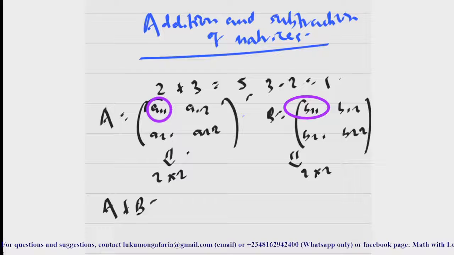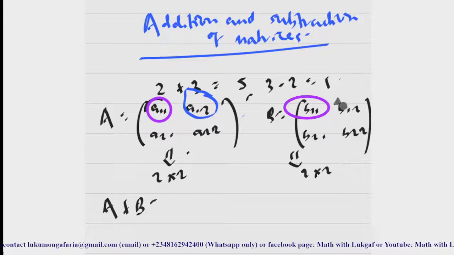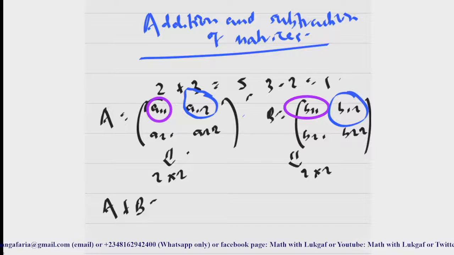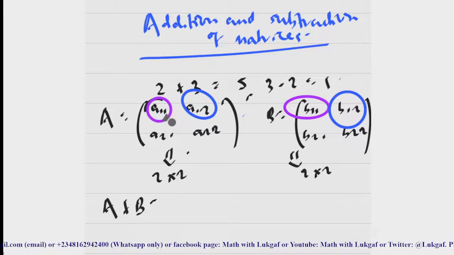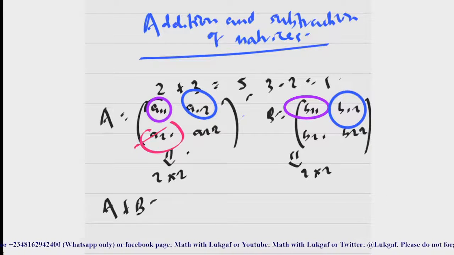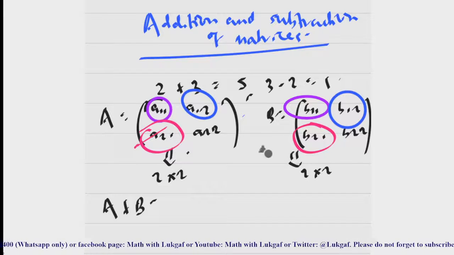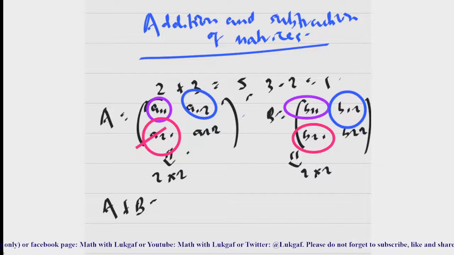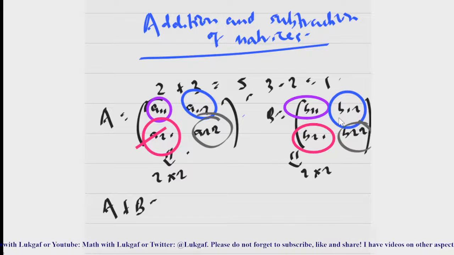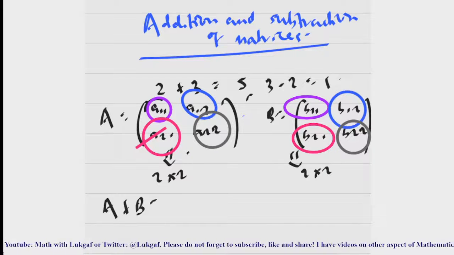Likewise, row 1, column 2 here with row 1, column 2. I hope you understand. Likewise, row 2, column 1 with row 2, column 1. I will give you an example, don't worry. And lastly, row 2, column 2 you add with row 2, column 2.